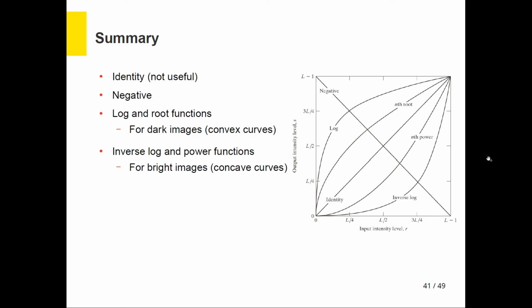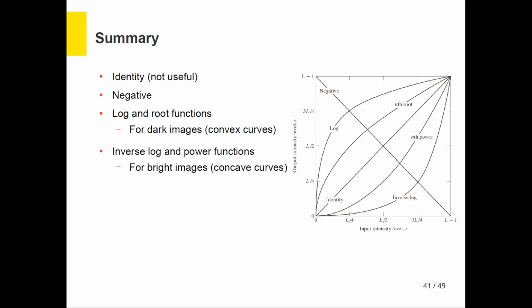So in summary, we can have identity transformation, which basically gives whatever intensity value that you have as the input to the output. We can have the negative or inverse transformation, which produces a negative of the input image.